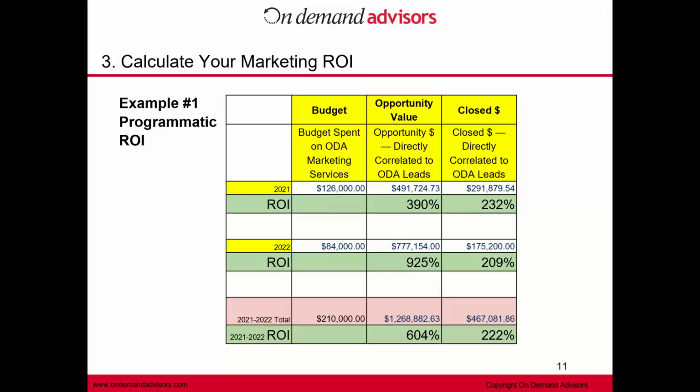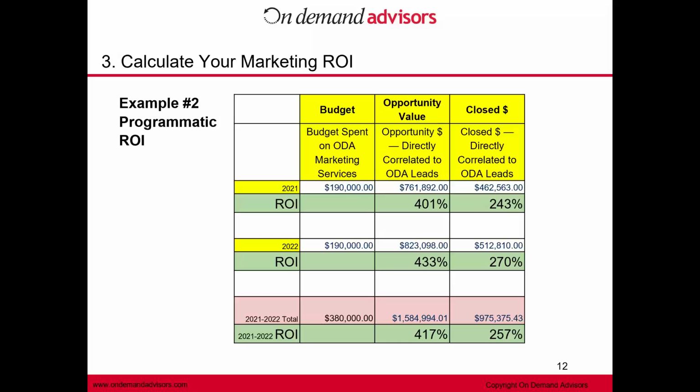At the very bottom, you have 604%, 222%, but in 2022 you'll notice 209%. That's actually a reduction from our 232%. So things are going the wrong way. I want to look at the next example and show you where things are going the right way. These are good metrics. You need to have these metrics so you can interrogate and then improve things. You've got to look.